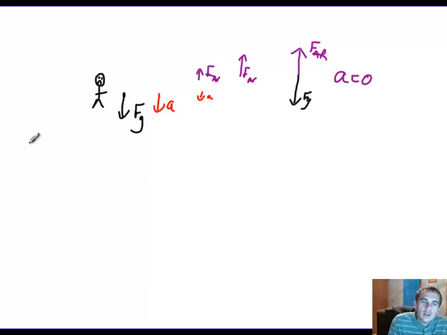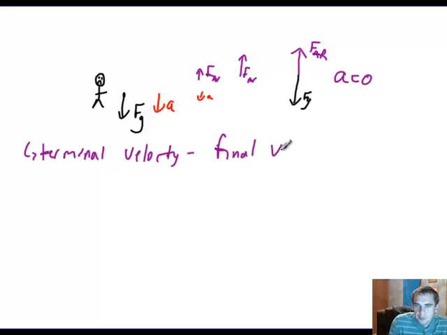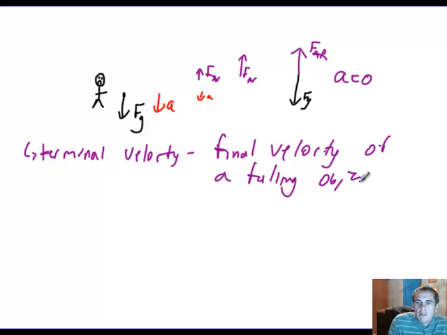This is what's called terminal velocity. Terminal means ending, and velocity is speed and direction. So this is the final velocity of a falling object, and it occurs when air resistance balances the force due to gravity.